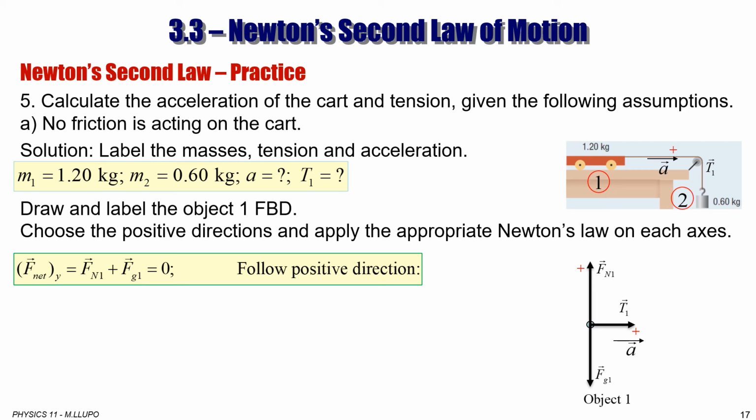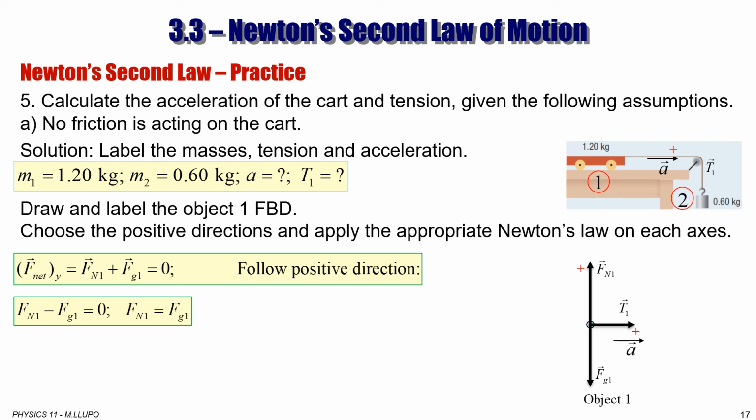F net is the sum of all forces. In this case, we have two: Fg1 and Fn1. Since this is Newton's first law, we're going to keep the traditional positive direction, positive up. So Fn is in the positive direction, so it's positive, and Fg1 is opposite of positive, so negative.